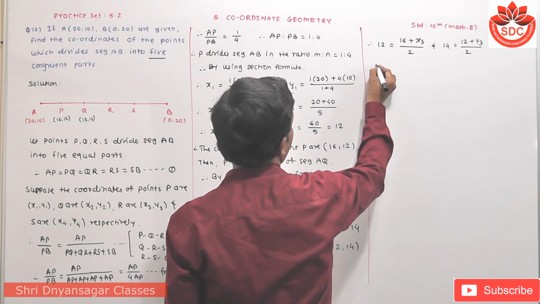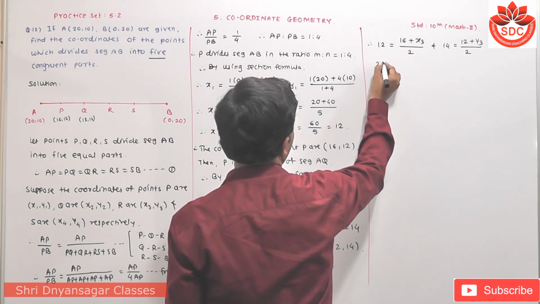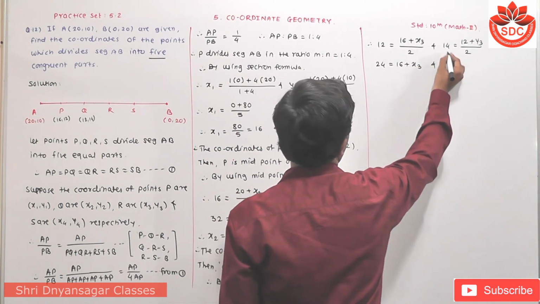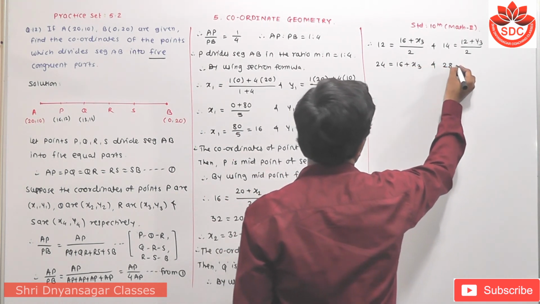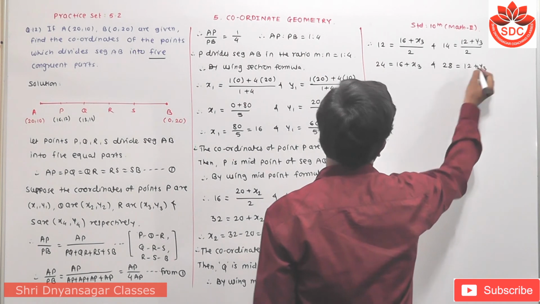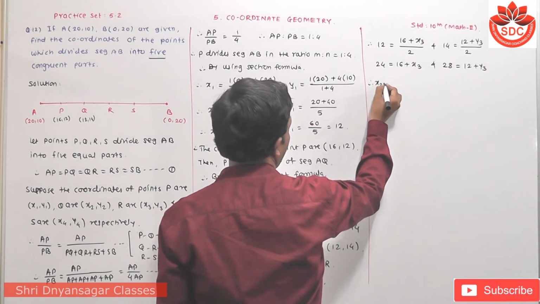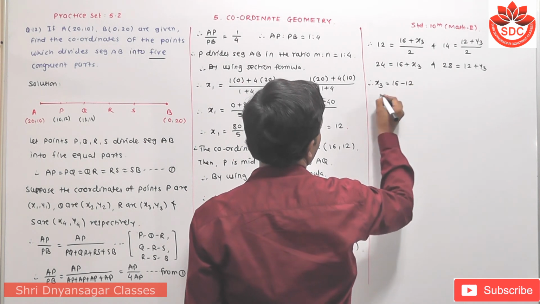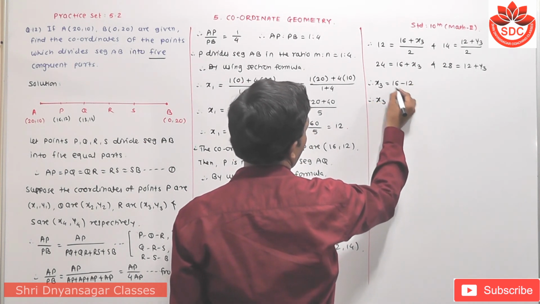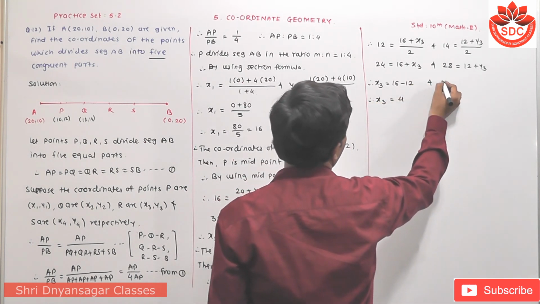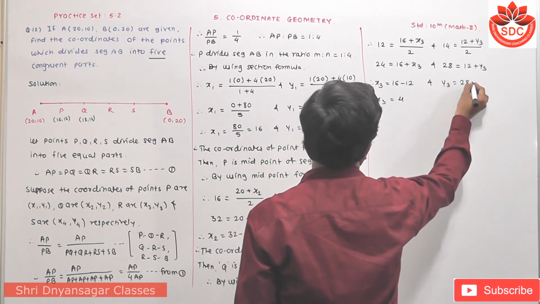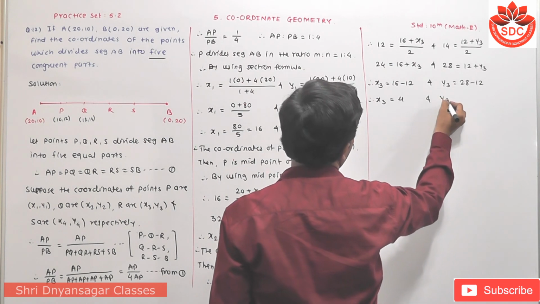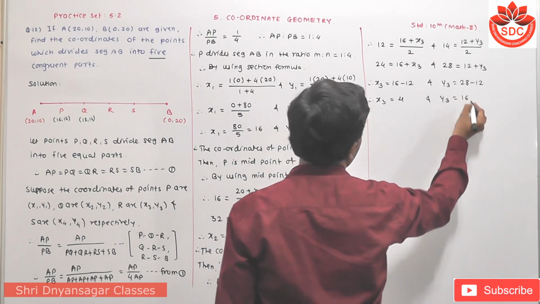Then 2 into 12, directly I have taken 24, is equal to 16 plus x3, and 14 into 2 is 28, equal to 12 plus y3. I have to directly take x3 is equal to 16 minus 12, which is 4, and y3 is equal to 28 minus 12. Therefore, y3 is equal to how much? 16.